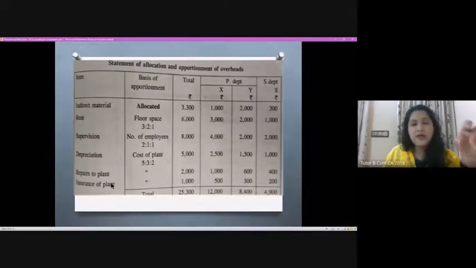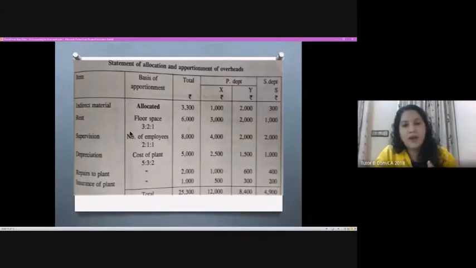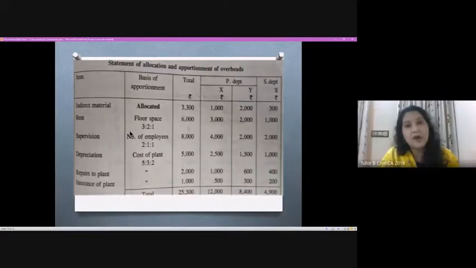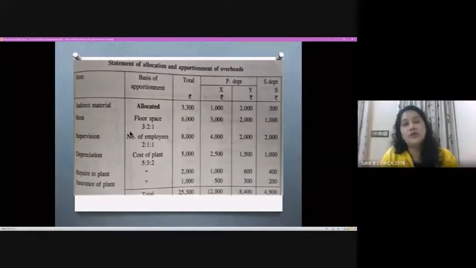So here, since it is insurance of this particular plant, we take cost of the plant as the basis for allocation of this particular expense. So this is all about it. You will be asked a question like: prepare a statement for allocation and apportionment of overhead expense, or sometimes you might be asked to prepare allocation, apportionment, and reapportionment, which we have not learned now, we are going to learn, right?